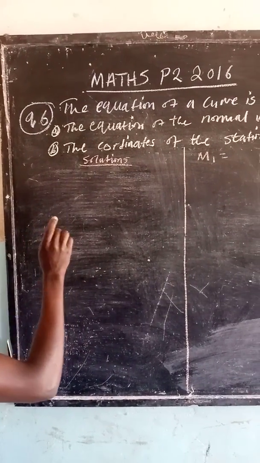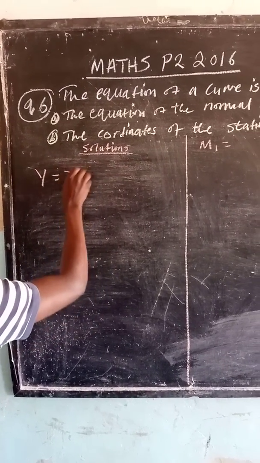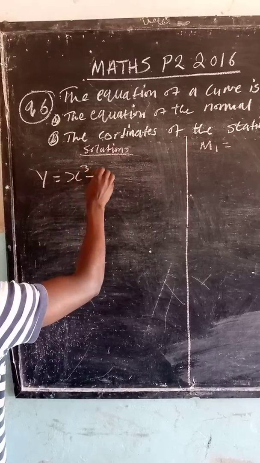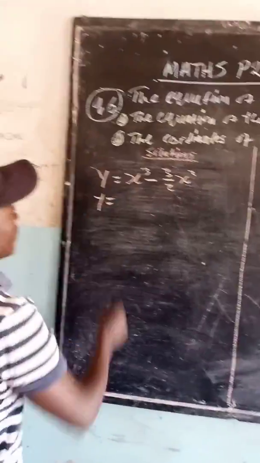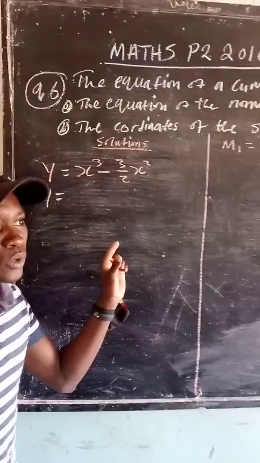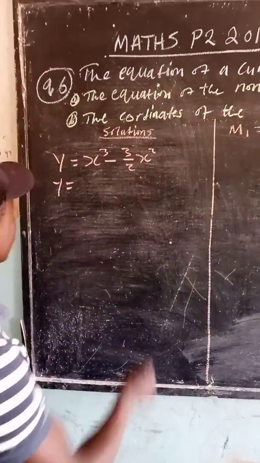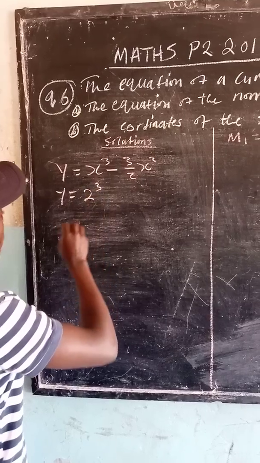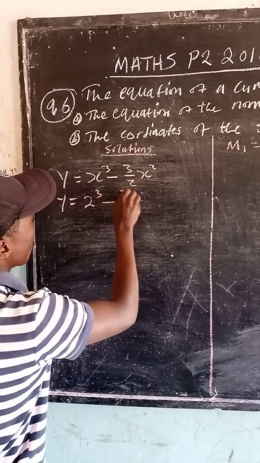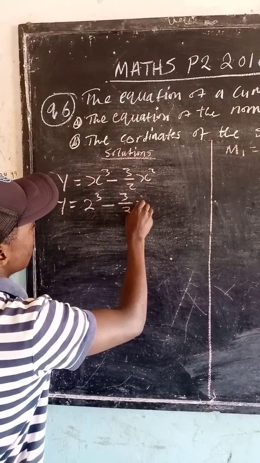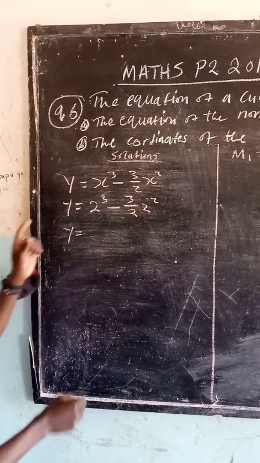So to find the y coordinate, we use the same equation, and where there is x, we substitute it with the 2 that we have been given as our x. So here we can now start multiplying.